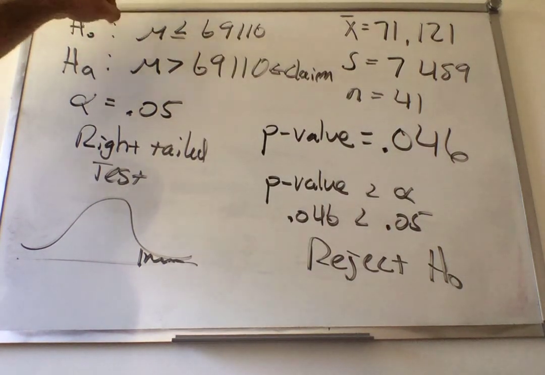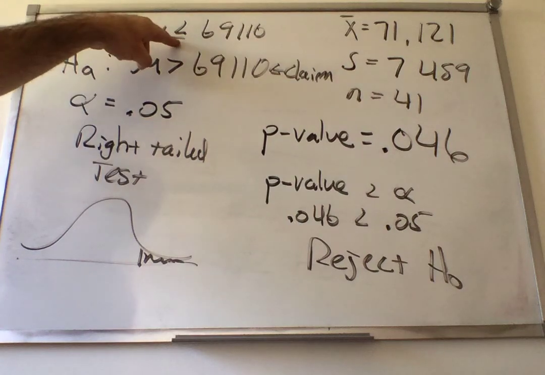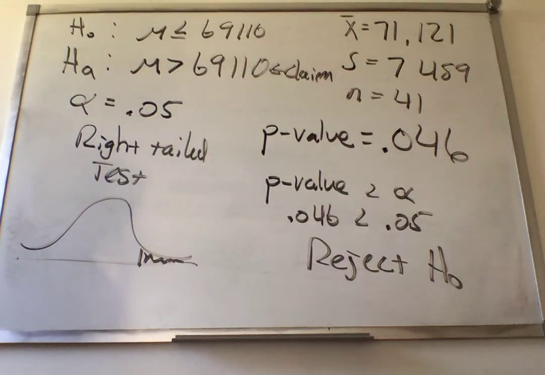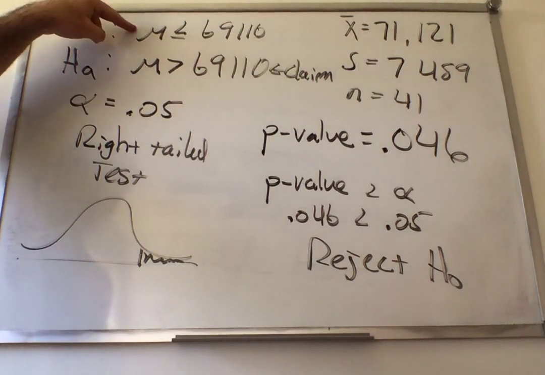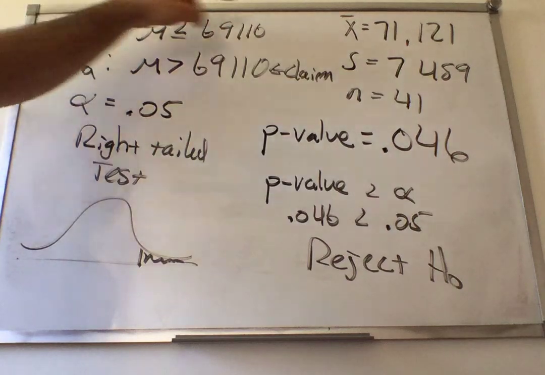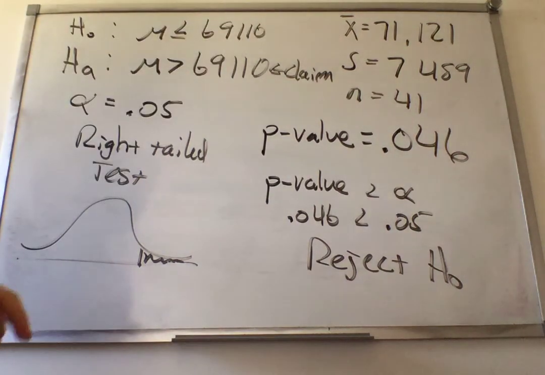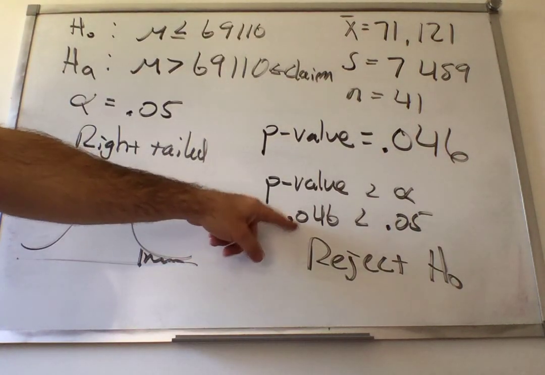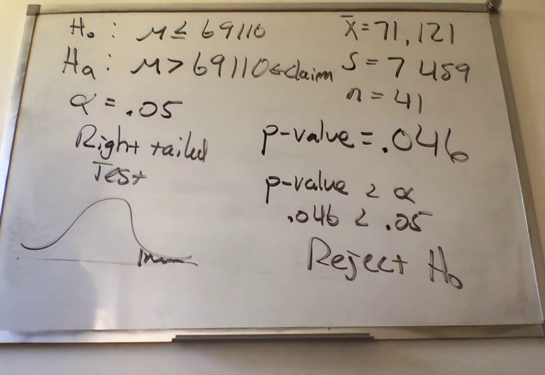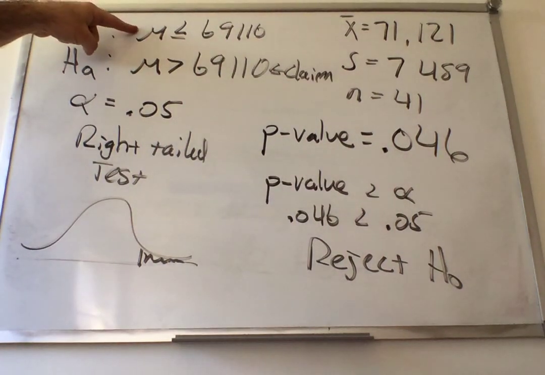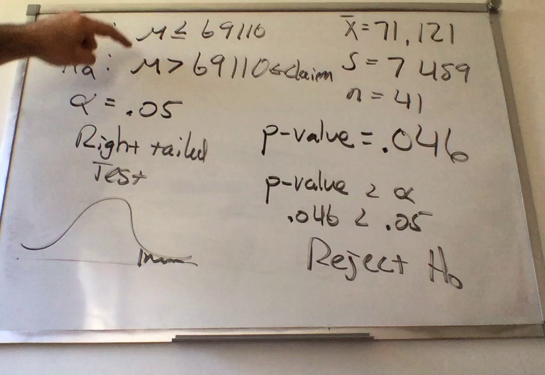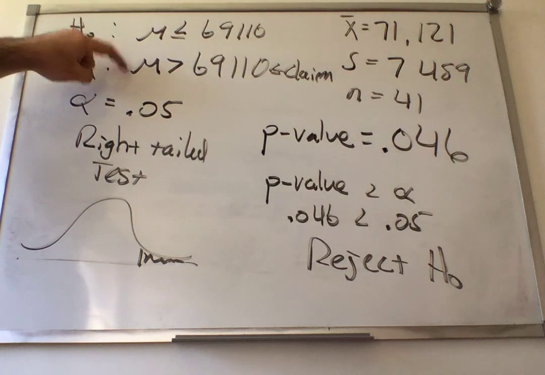So this is saying California nurses don't earn or earn as much as 69,110. We assume that this is true. However, our sample data shows that it should not be true because we shouldn't end up with a sample like this unless this is false. So since this one is false and here was our claim, we can support our claim.